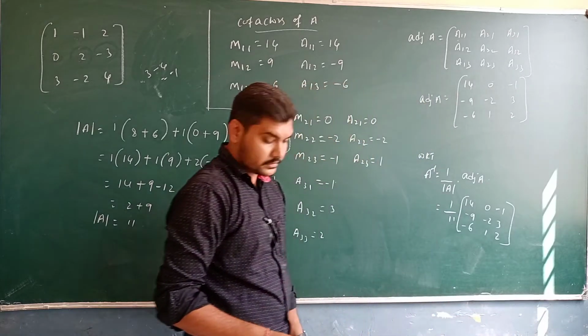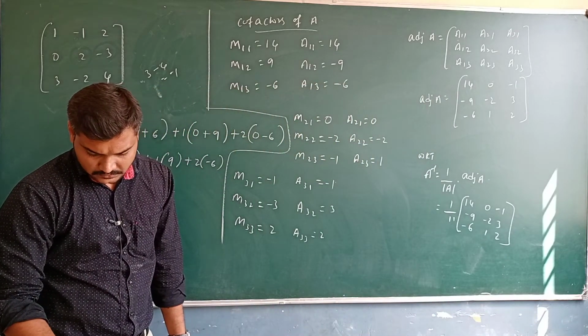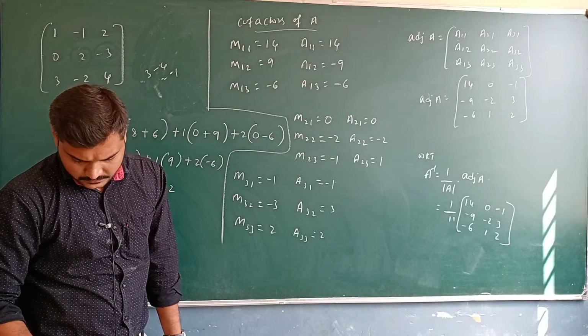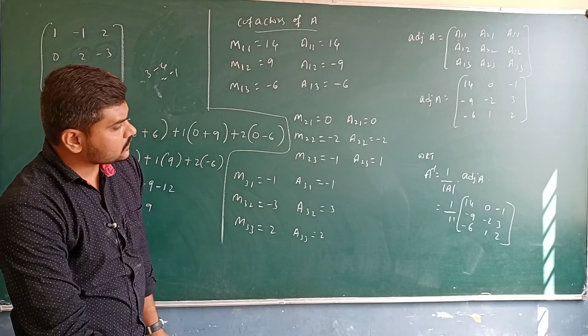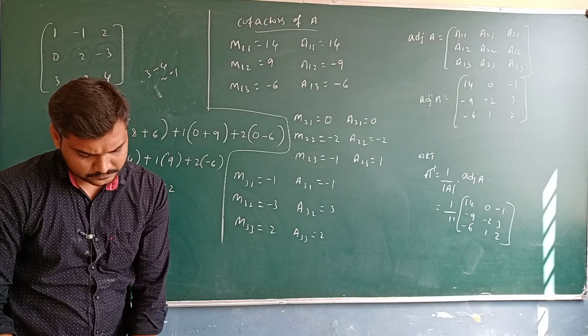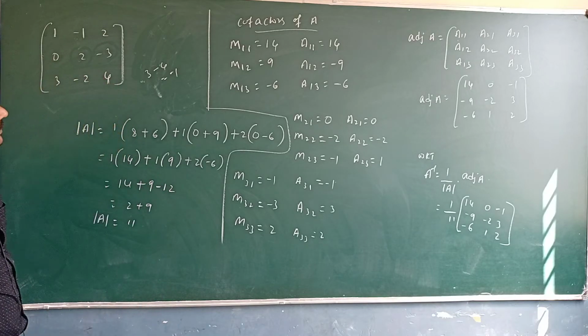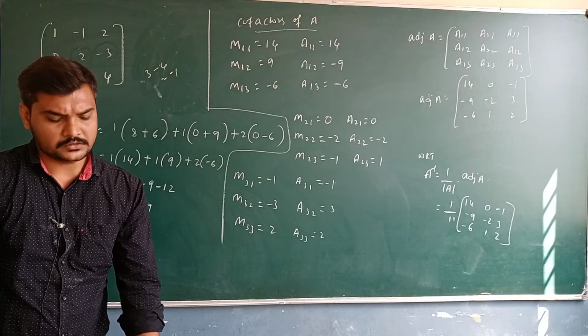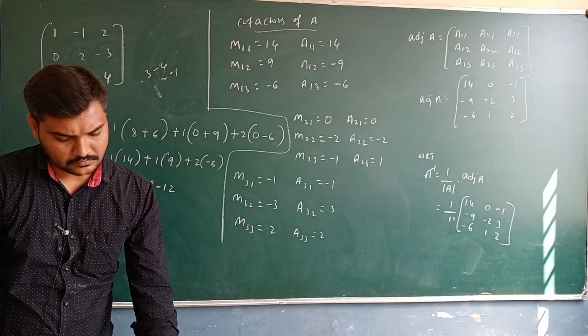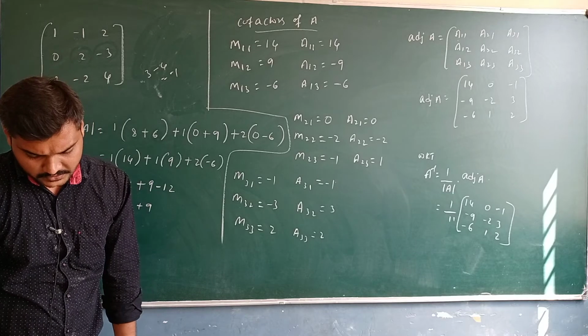Okay, so this is the given sixth one. These are the mistakes here. Mistake again, and the adjoint here.